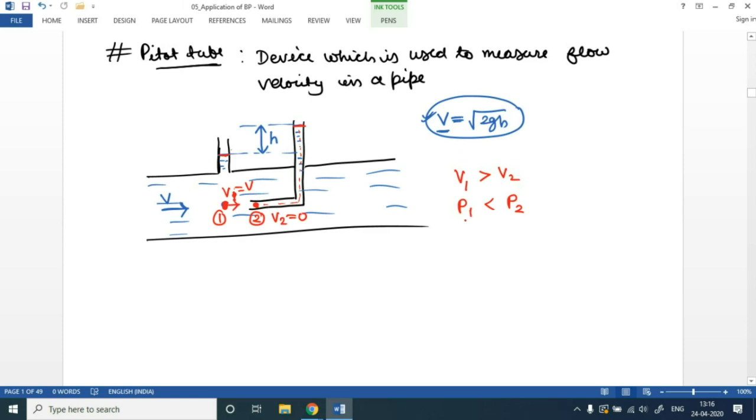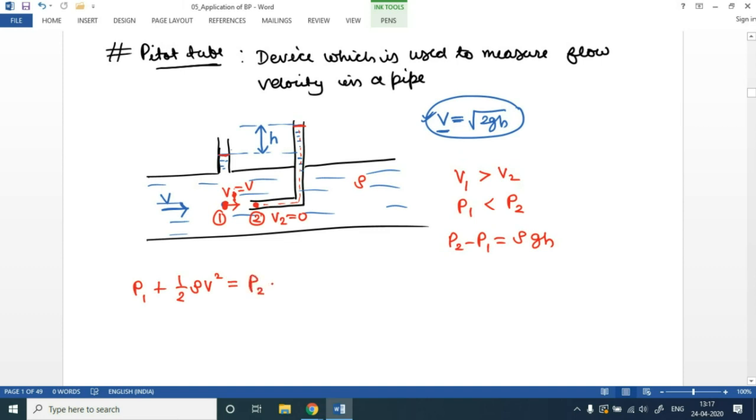This pressure difference P2 minus P1 can be measured using the Pitot tube, and let's say the density of the liquid is rho, so that is going to be rho g h. Also, you can apply Bernoulli's principle between points 1 and 2. P1 plus half rho v1 square, which is v, is equal to P2.